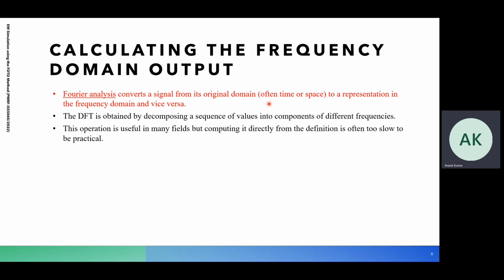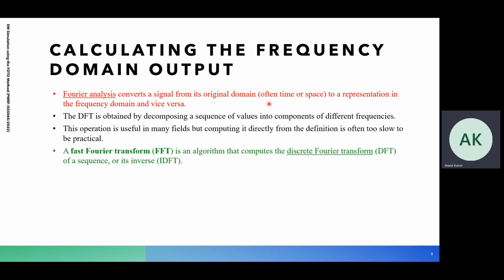To perform the DFT, we can employ FFT, the fast Fourier transform. It is an algorithm that is used to compute the discrete Fourier transform, and its inverse can also be done using IFFT. The FFT function is already available in MATLAB, and we won't get into much hassle.